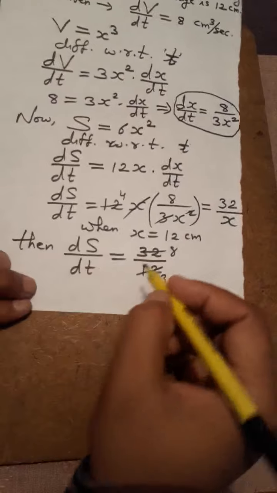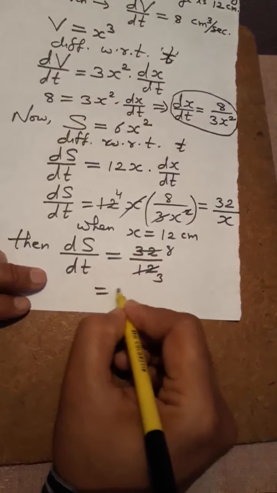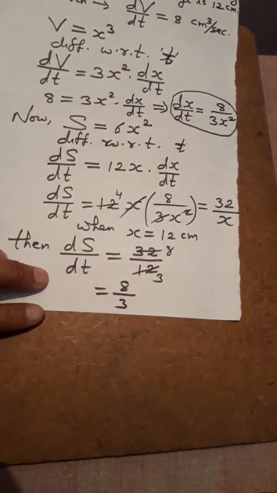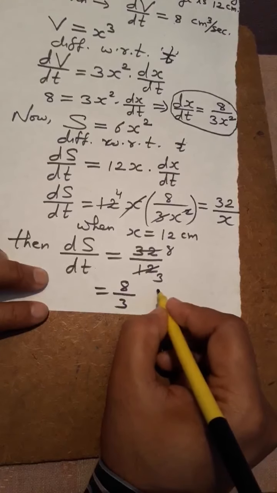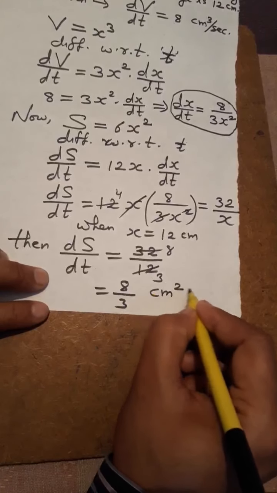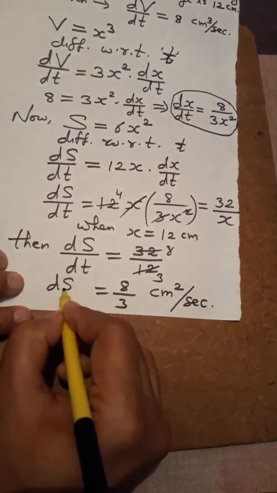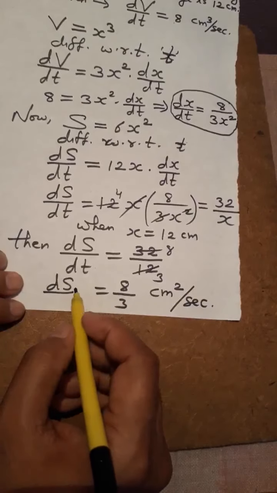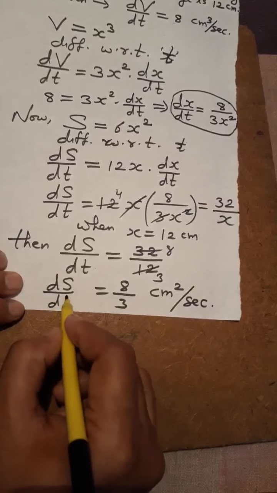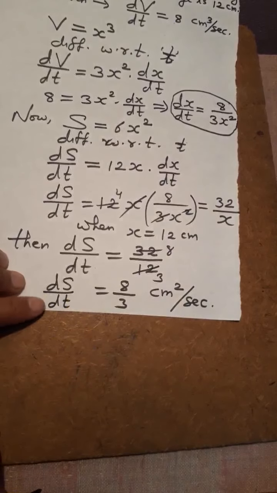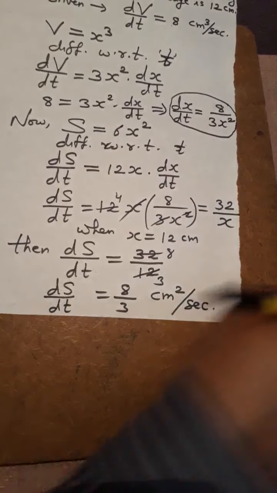So its answer is 8 by 3 centimeter square per second. This is the rate of increase of surface area with respect to t.